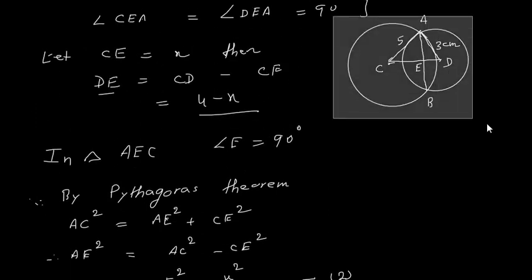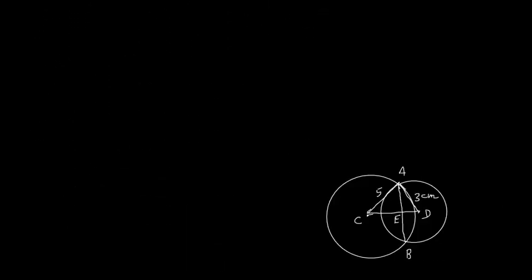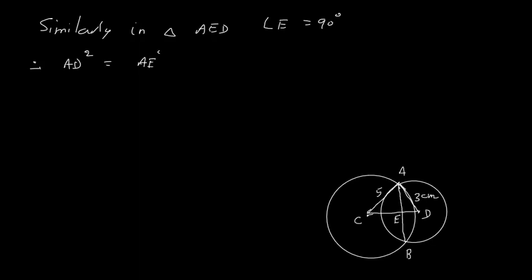Now there is one more right angle triangle that I can consider, which is triangle AED. Similarly, in triangle AED, angle E is 90 degrees. Therefore, AD square is equal to AE square plus ED square.